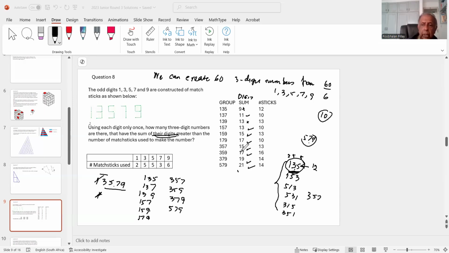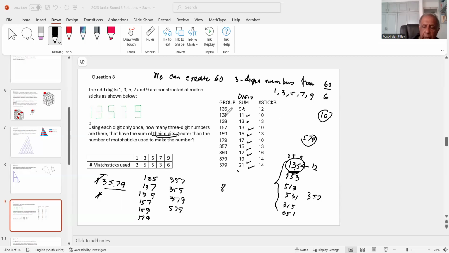So we want to know now how many of them are like that. So you have to count all the number of ticks here, which is 1, 2, 3, 4, 5, 6, 7, 8. So the 8 groups are where the sum of the digits is greater than the matchsticks used. But each group can be created: you can create 6 numbers out of each group.